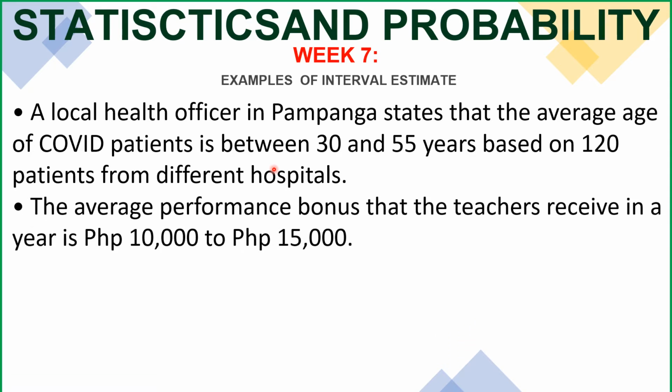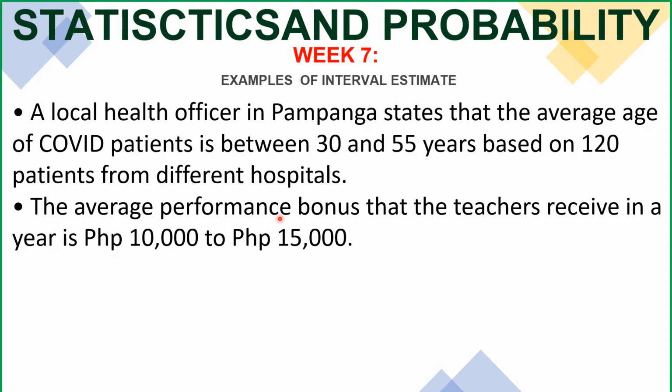Second one is the average performance bonus that the teacher received in a year is 10,000 to 15,000. Ayun nga, yung average performance bonus na nakukuha ng mga teachers sa isang taon is naglalaro sa 10,000 to 15,000. Depende sa performance ng isang guro.